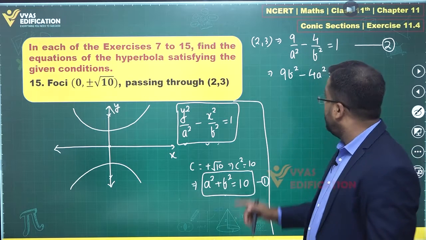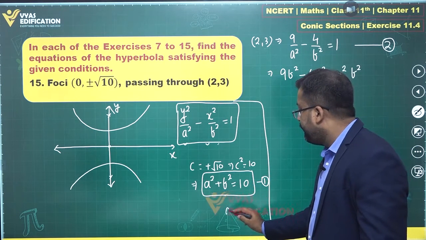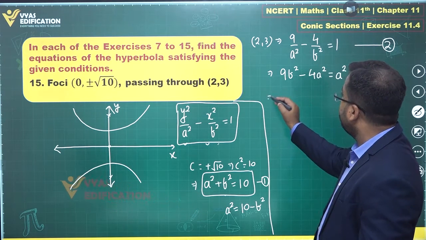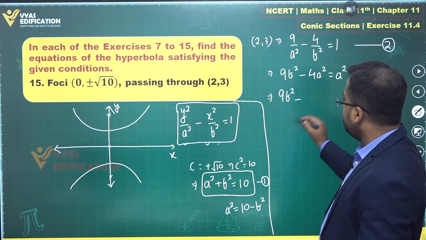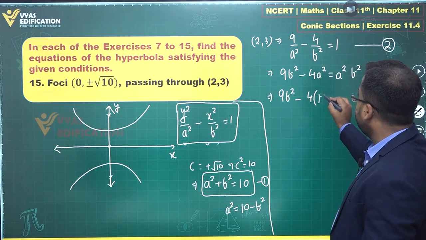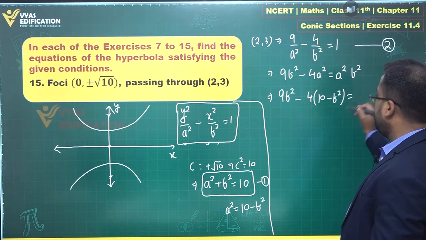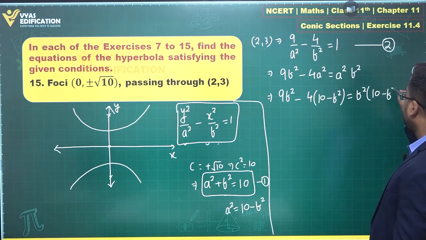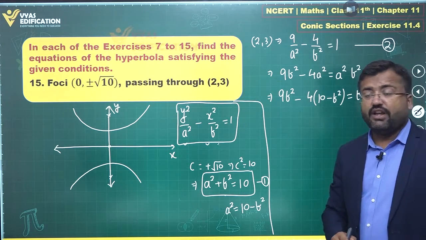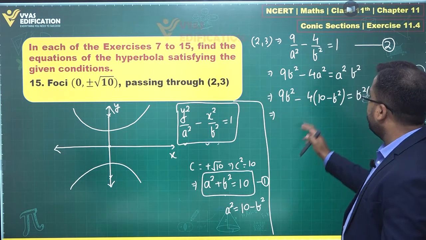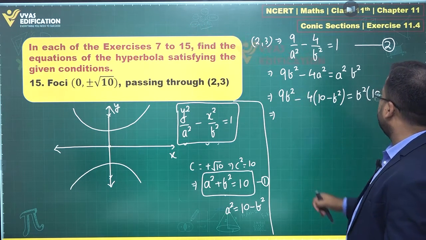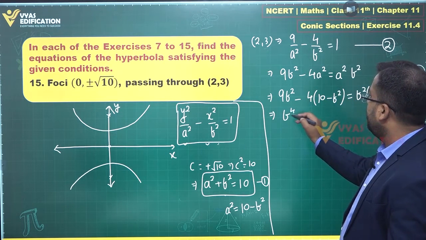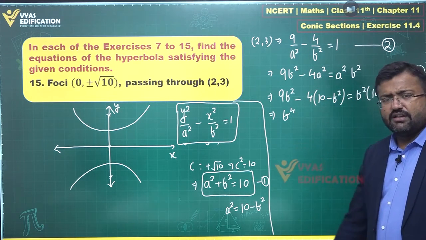Let's substitute a square is equal to 10 minus b square over here. 9b square is okay, minus 4 times this becomes 10 minus b square is equal to, b square is already there, 10 minus b square will be extra. So this is what I have over here. And let's try to rearrange this. 4b square, okay, and this is b power 4. Actually b power 4 will come over here, minus b power 4 will come over here, right?